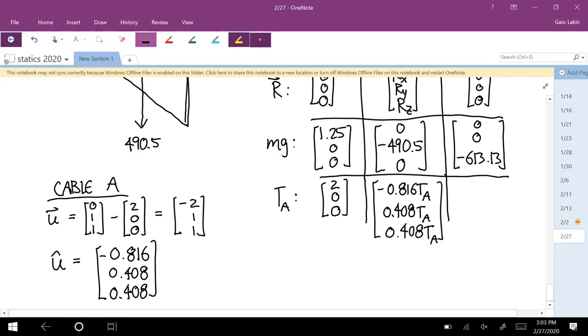Now take the cross product of these two, and you get 0 for x, negative 0.816 TA for y, and positive 0.816 TA for z.